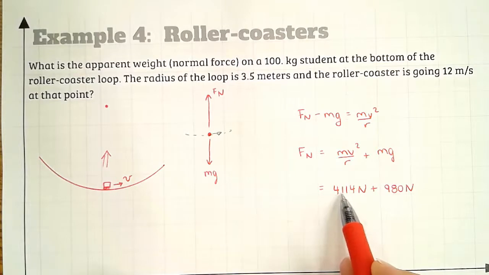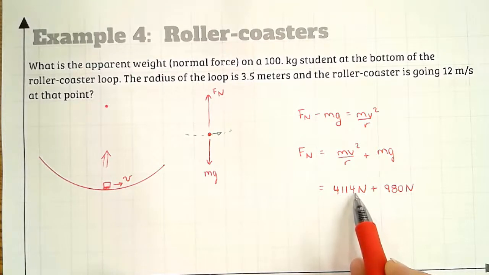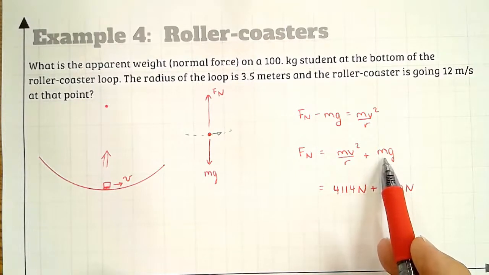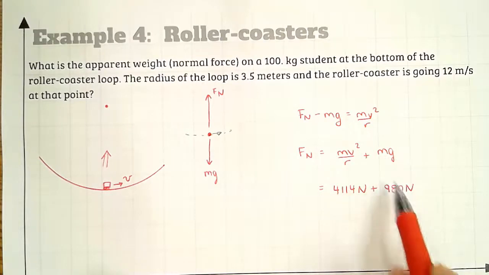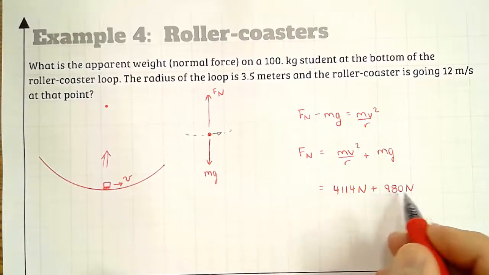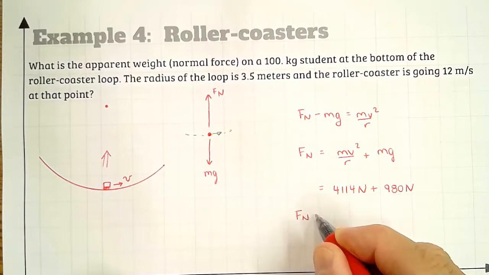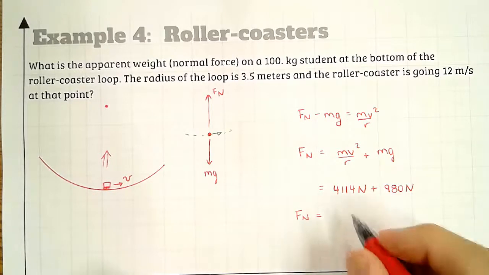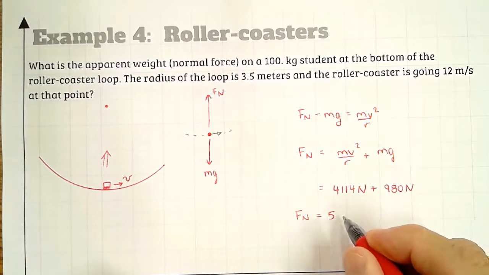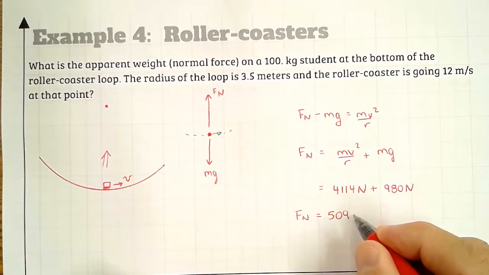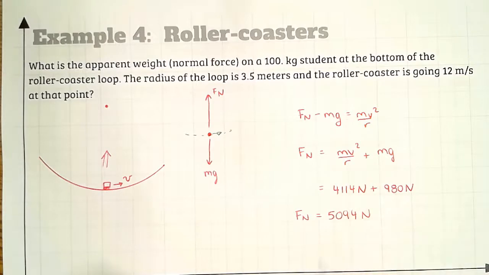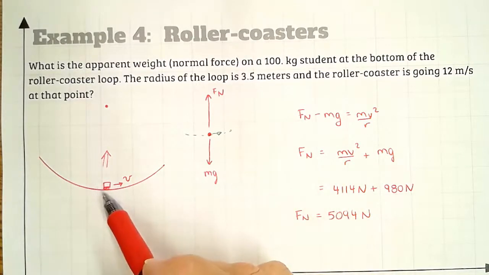You need 4,114 newtons of centripetal force, plus you need 980 newtons of force due to mg. And so the normal force, the force pushing up on you at the bottom of the roller coaster, is actually closer to 5,094 newtons. Okay? And so that is the force pushing up on you at the bottom of the roller coaster.